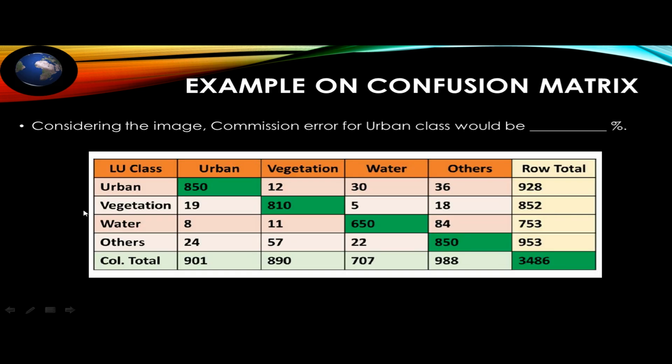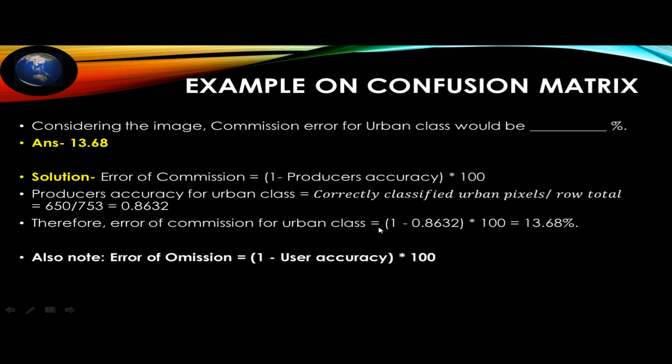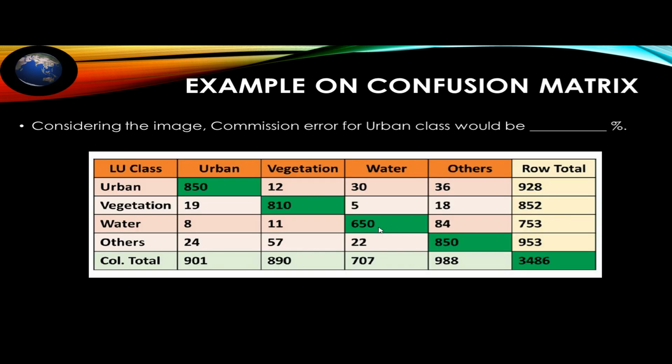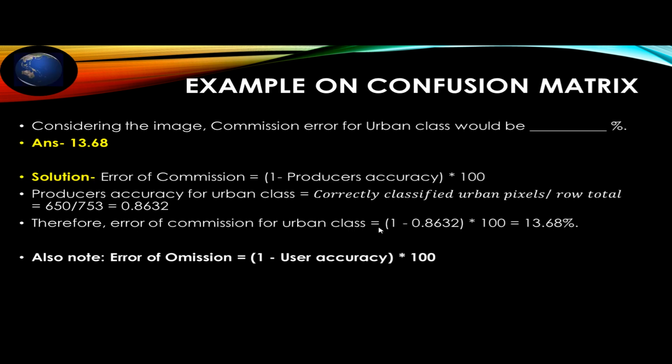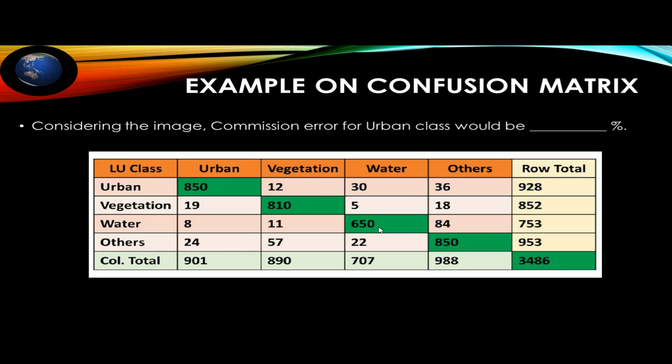Correctly classified, if I see, it is 650. Just wait a minute. Instead of urban class, it should be water class, no? Yes, it should be water class. It's a typo error. You just mark it. I will correct it and upload this file. So it should be a water class.